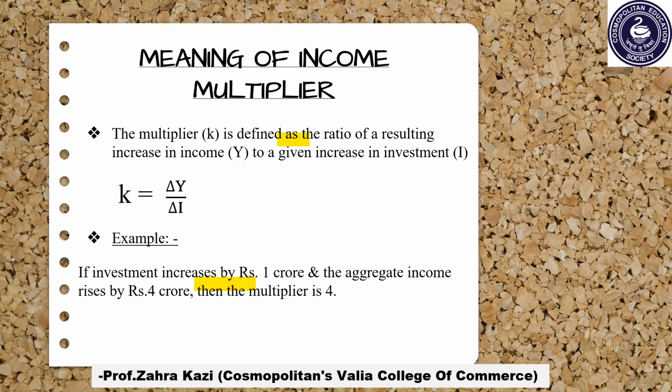So we denote it as k is equal to delta Y to delta I, that is change in income to change in investment. For example, if investment increases by rupees 1 crore and the aggregate income rises by rupees 4 crore, then the multiplier is said to be 4.